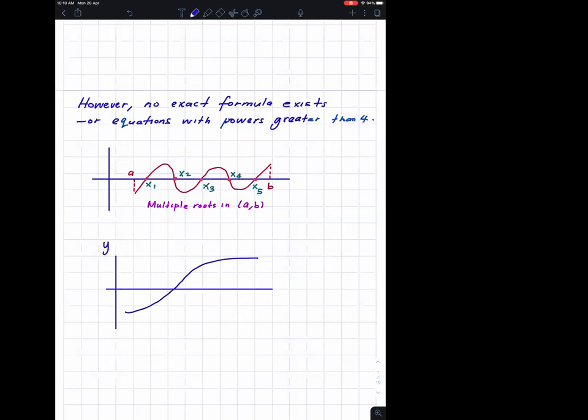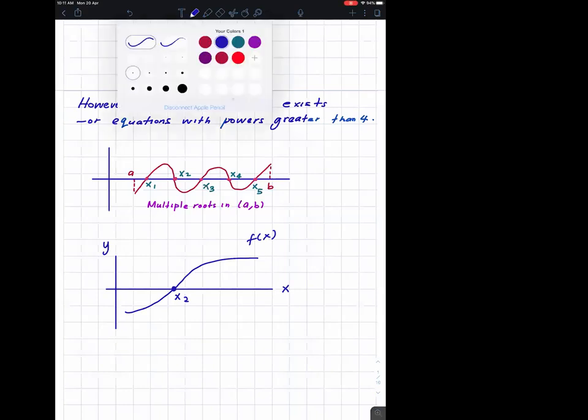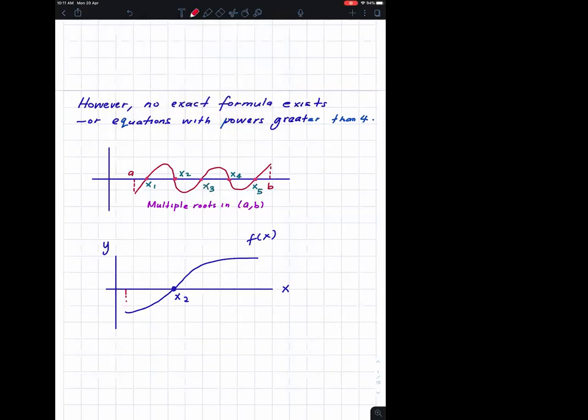Let's say you have an xy axis, and then you have a polynomial or just a curve f(x). So there's a root there at x2. It's an interval, say called the interval A, B. Within this interval, there's a root, and you're trying to find the root.